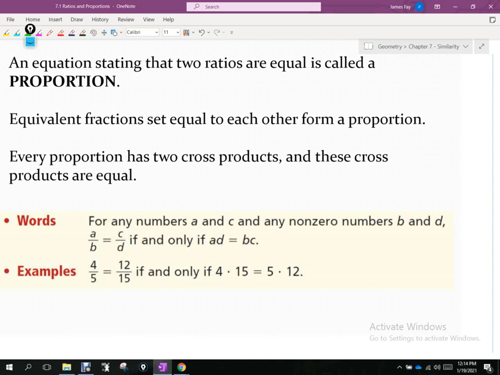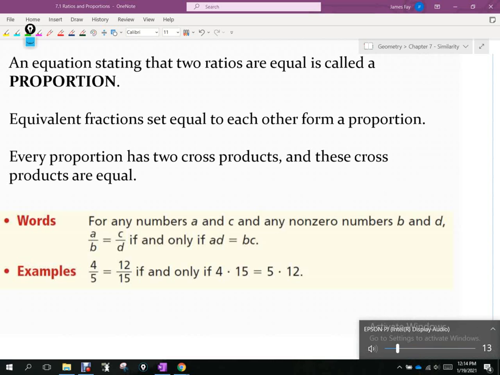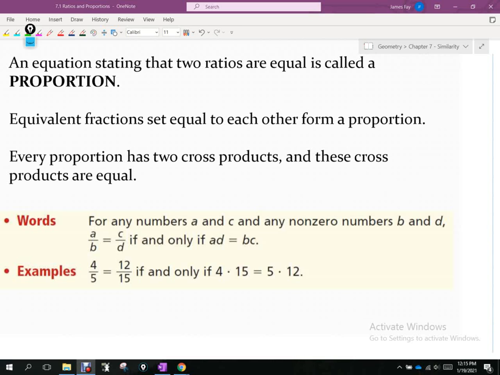All right, so an equation stating that two ratios are equal is called a proportion. So the equivalent fractions set equal to each other form a proportion.